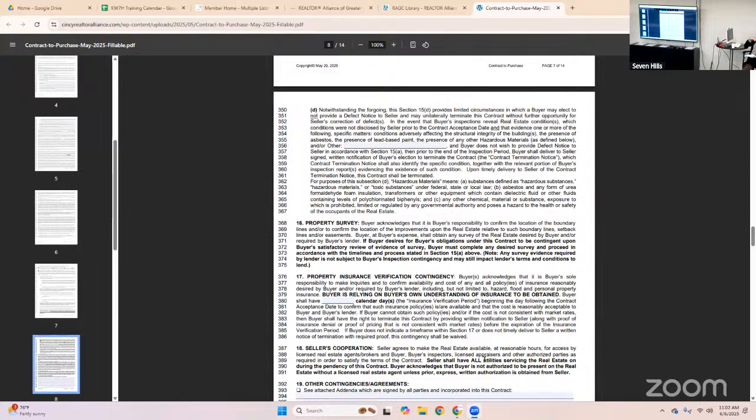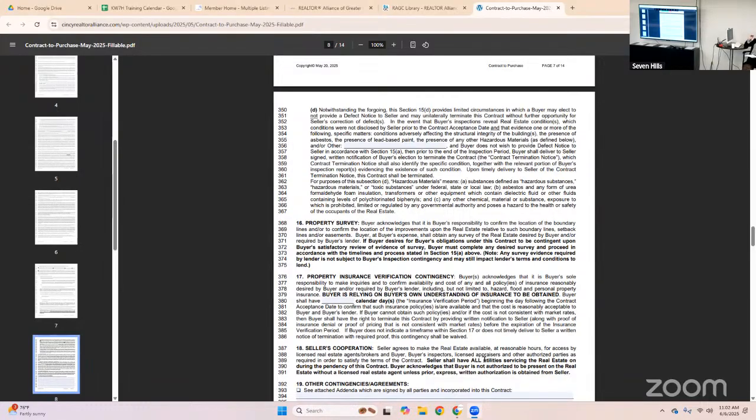Buyer acknowledges that it is the buyer's responsibility to confirm the location of the boundary lines and or to confirm the location of the improvements upon the real estate relative to such boundary lines, setback lines, and or easements. Buyer at buyer's expense shall obtain any survey of the real estate desired by buyer and or required by buyer's lender.